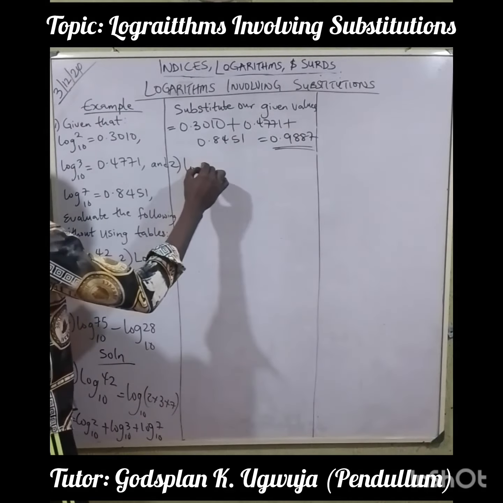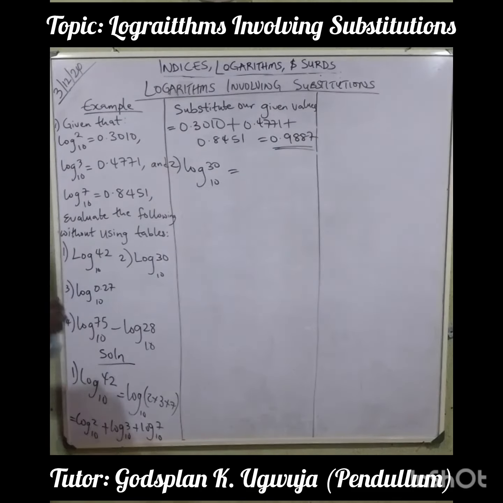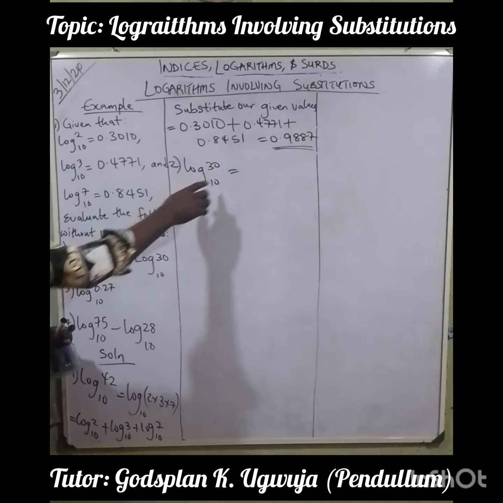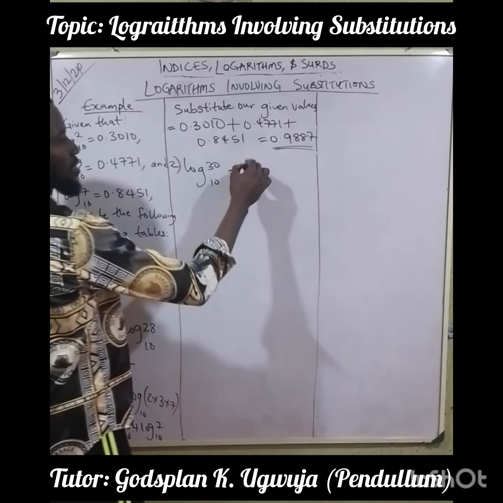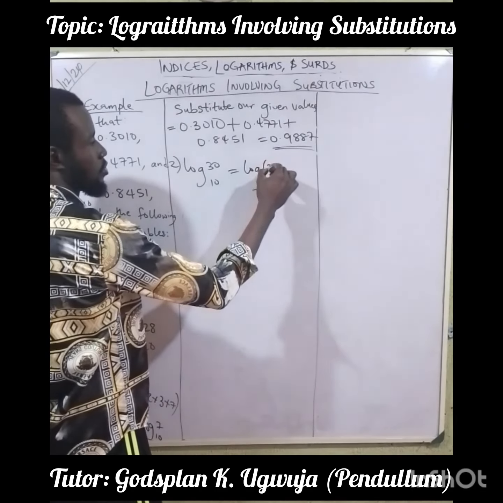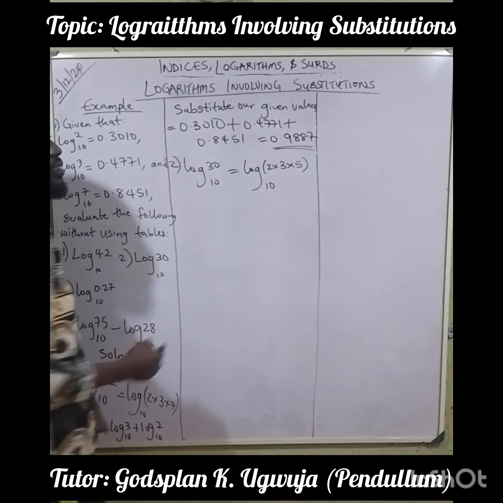Now let's look at log 30 base 10. Now again, we are going to break down log 30 and express it as a product of factors. Alright, now we know that 30 is 6 times 5, right? And 6 is 2 times 3. That means I can write this as log 2 times 3 times 5 base 10.